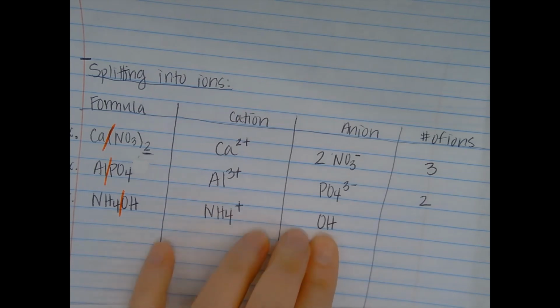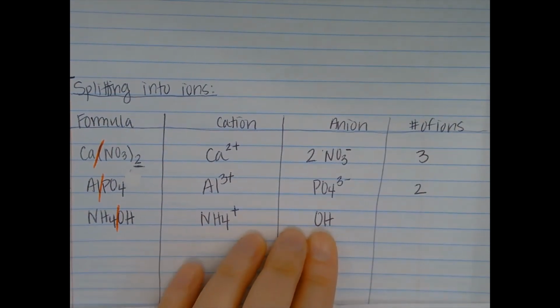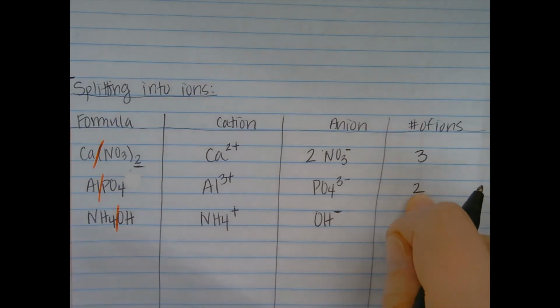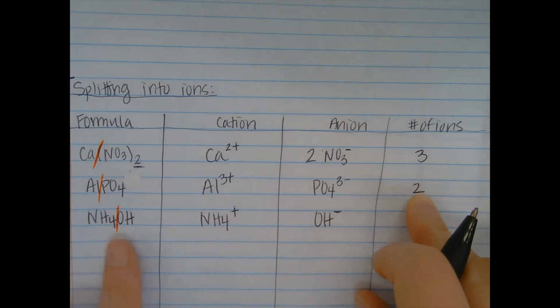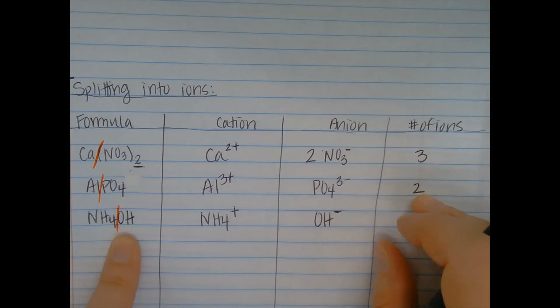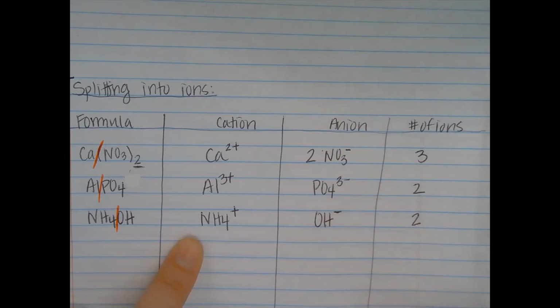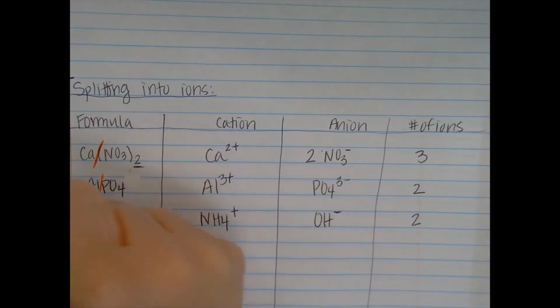We have a hydrogen and an oxygen. And on our chart, this is a 1-. Now we only have one hydroxide because there are no parentheses. So there's one ammonium and one hydroxide for a total of 2 ions. Parentheses are a big clue. Let's do one more.